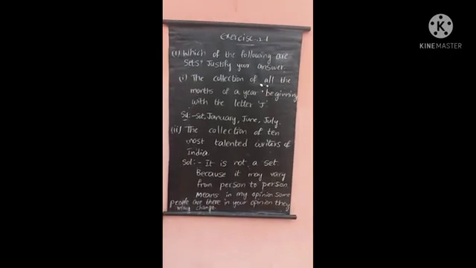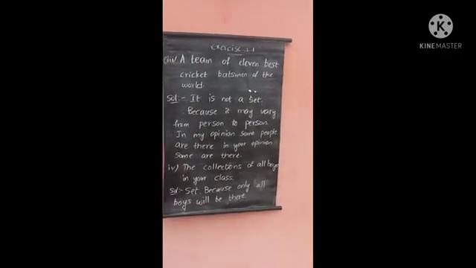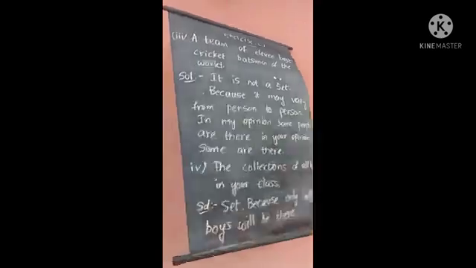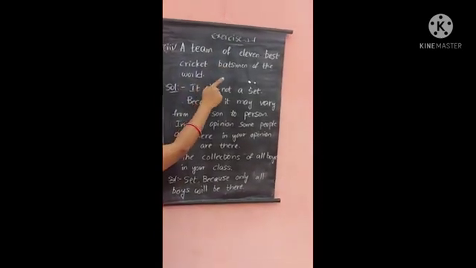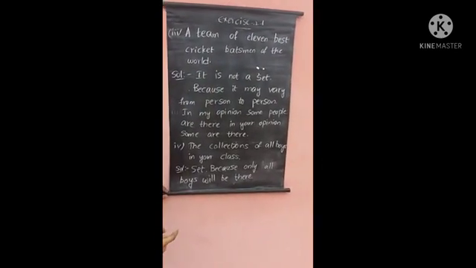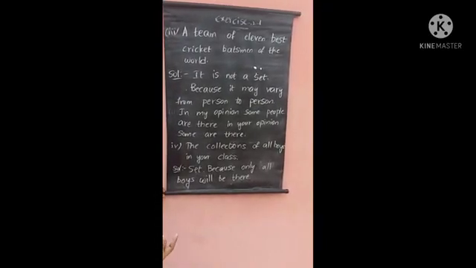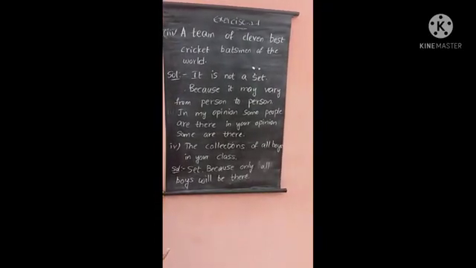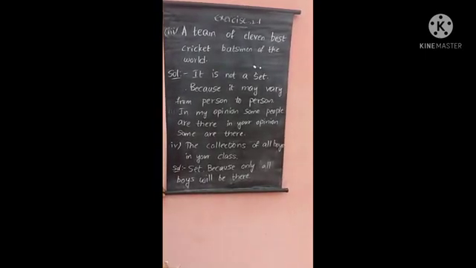See the third question. A team of 11 best cricket batsmen of the world. Here we cannot decide who the best cricket batsmen of the world are. In my opinion, some persons will be there, and in others' views, they are different.